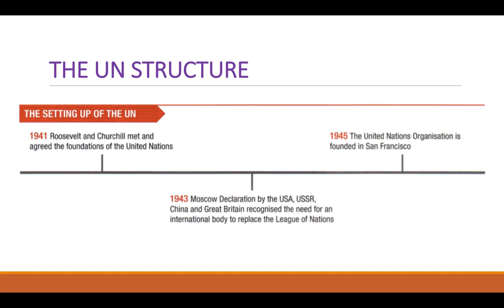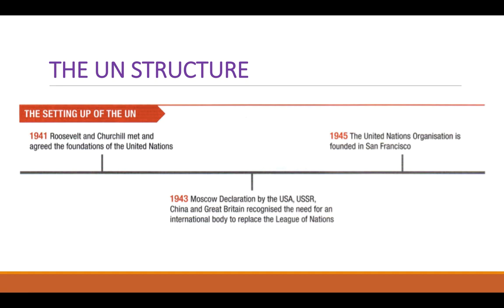Then in 1943, there is this Moscow Declaration by the USA, USSR, China, and Great Britain that they agreed to replace the League of Nations with another universal organization. As you can see, this is 2 years before the Second World War ended.